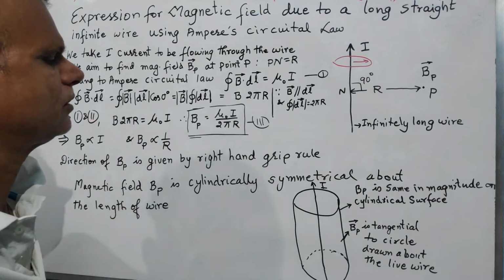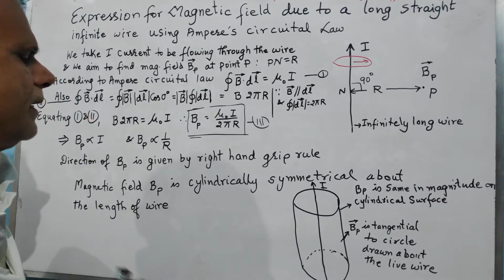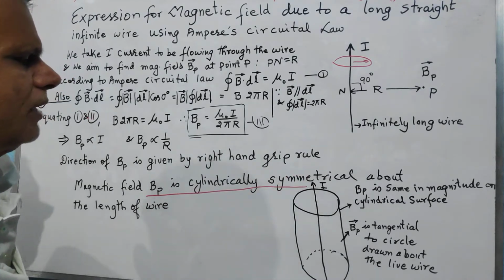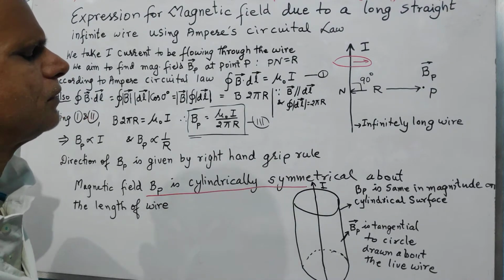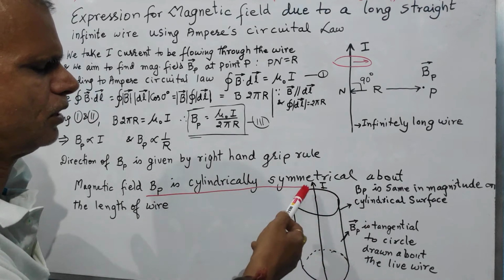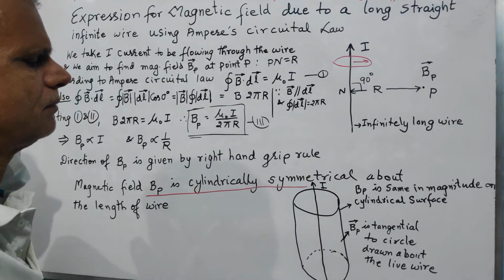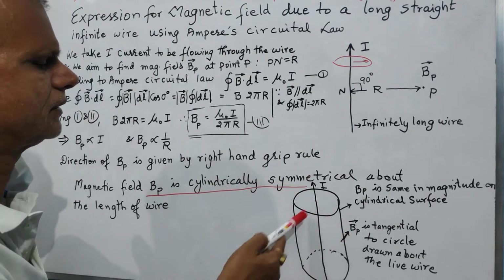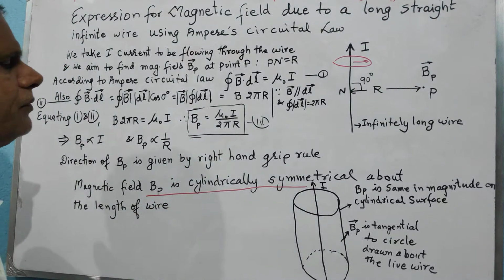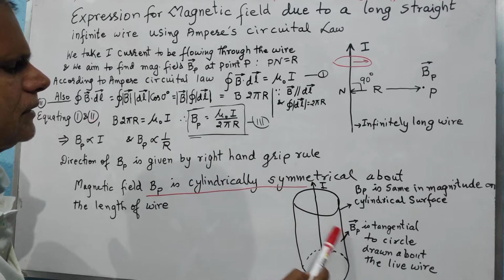we call it cylindrically symmetrical. This magnetic field is cylindrically symmetrical about the wire. What it means is that if we draw a cylinder about this wire, the magnitude of the magnetic field is the same at all the points on the surface. It depends on the perpendicular distance.